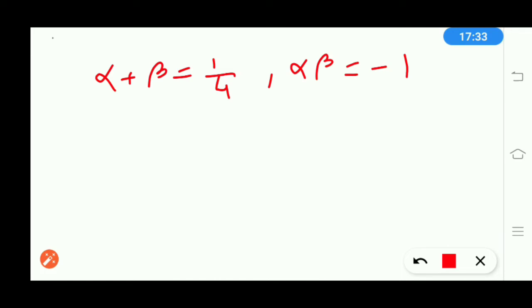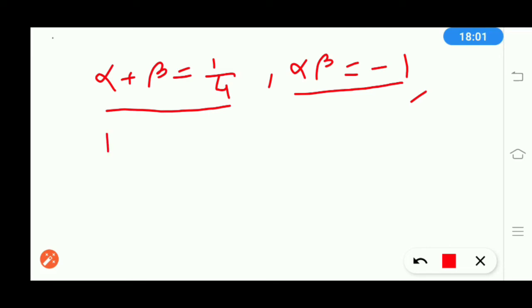But here we find a polynomial whose sum of the zeros is 1 by 4 and product of the zeros is minus 1, which is given. Clear? Sum of the zeros equals 1 by 4 is given, and product of the zeros equals minus 1 is also given.